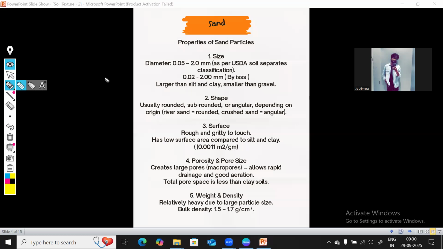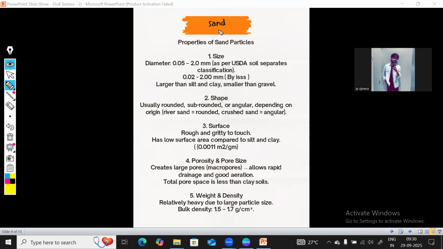All right. So let's discuss why I put that surface area before we start. We'll start with sand. What is sand? We already studied sand. It is a soil separate, or soil particles.